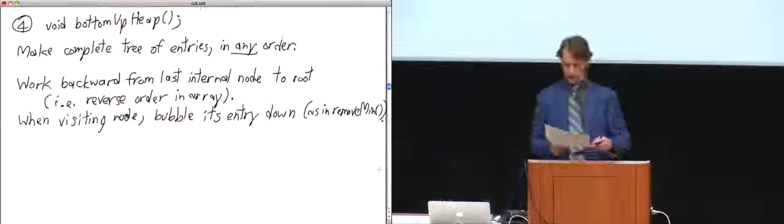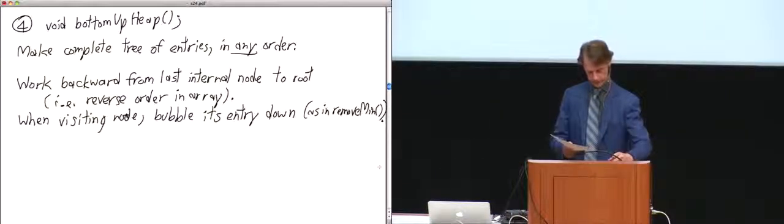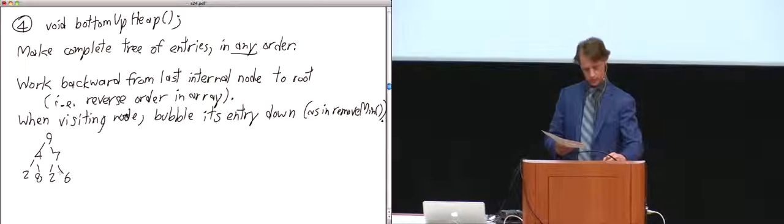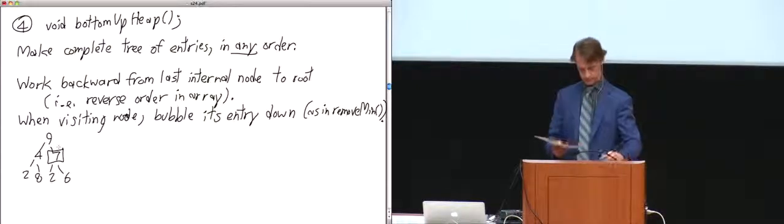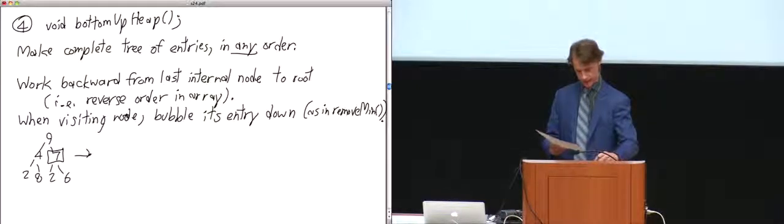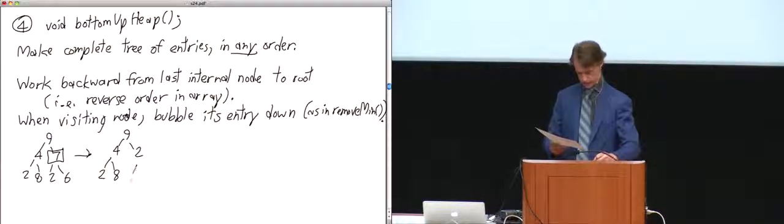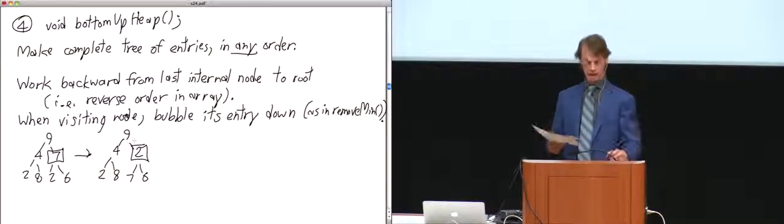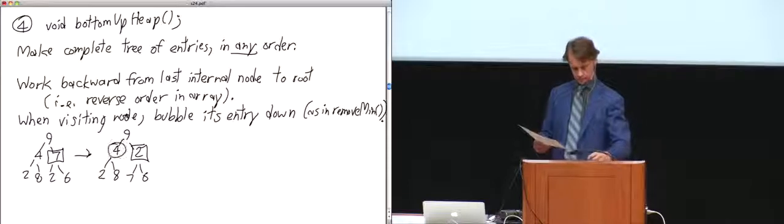And so I will draw an example of that here, where we start with the last internal node, and we bubble it down. So that means we swap it with its smallest child. And then we take the second last internal node and we bubble it down.